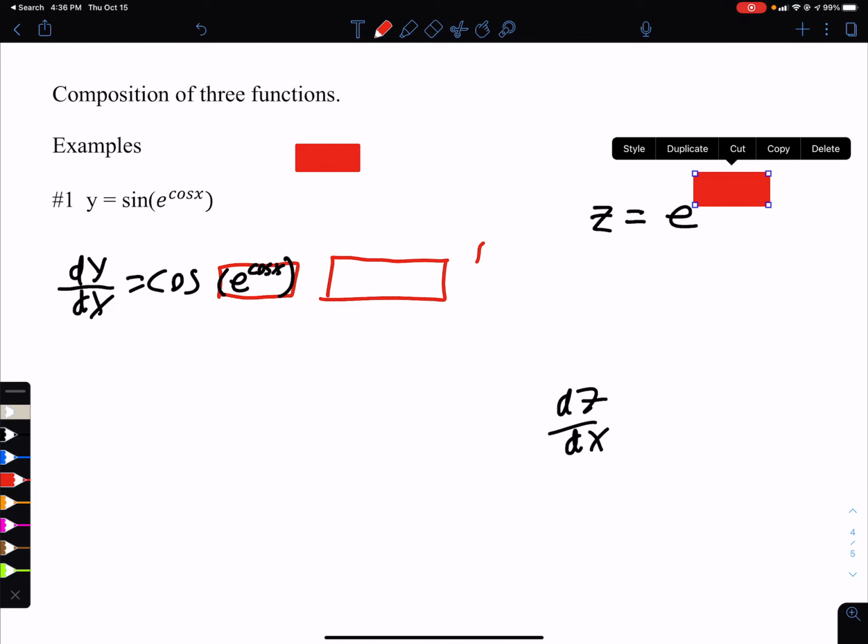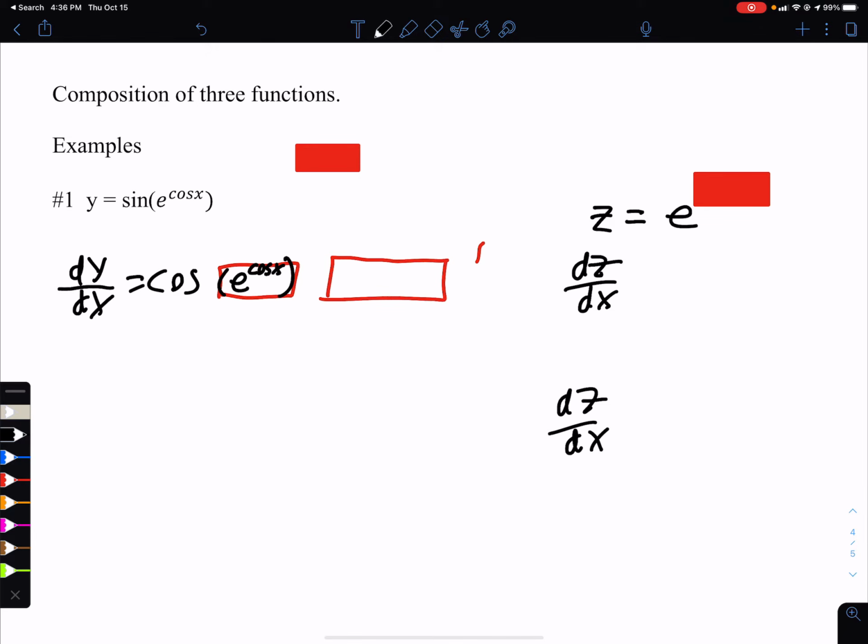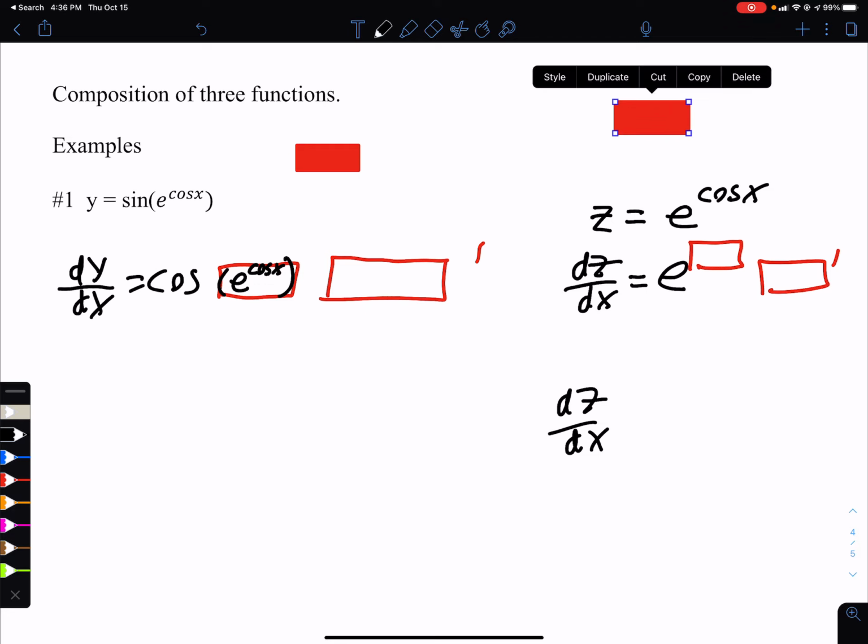So what's the derivative of e to the box? I need to use the chain rule again. So dz dx is going to be e to the box, I am my own grandpa, times the derivative of box. Well, what is box? Let's take a look. So it remains e to the cosine of x, but the derivative of box, which is cos x, is minus sine x.